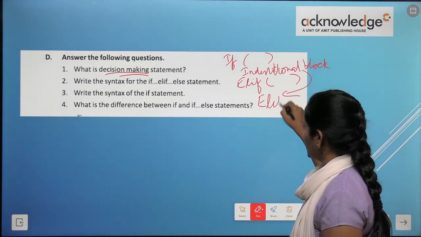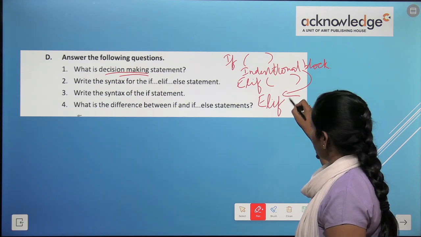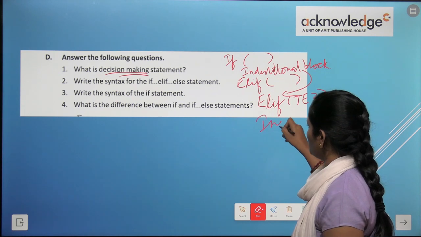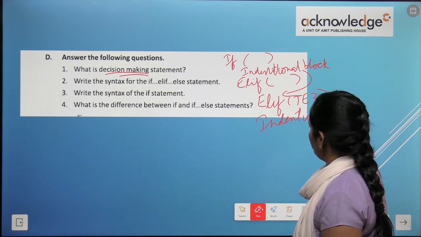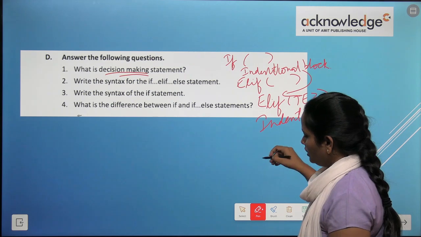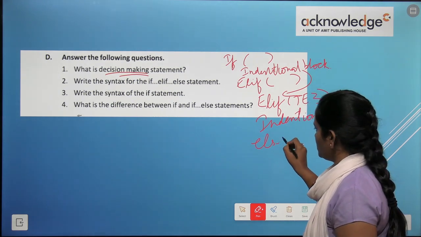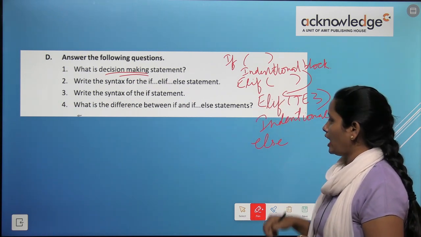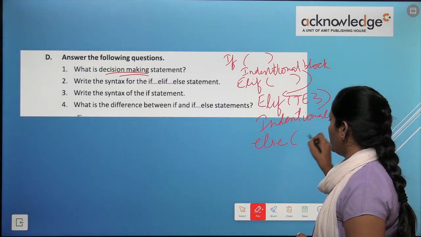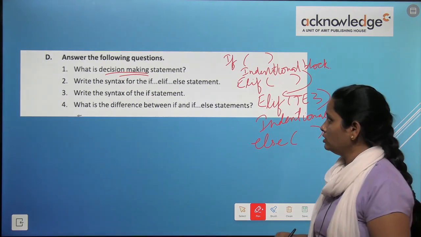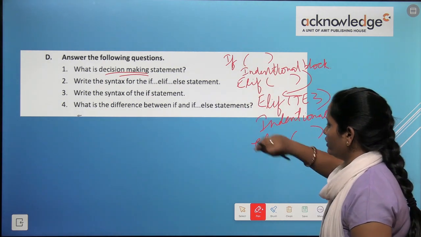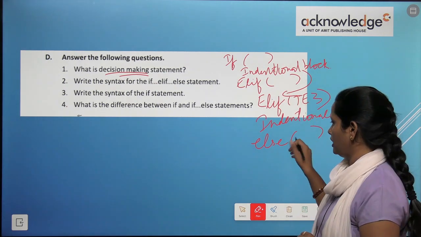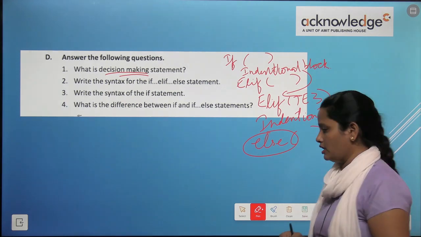Next again is elif, test 3 is here, and again an indented block follows, and the last one is else. So after writing the if, we write the elif 2 times, and then the else block is written. In this, if these conditions are to be followed, and if not, then this else condition is to be followed.